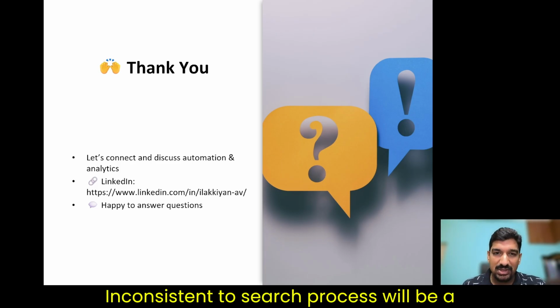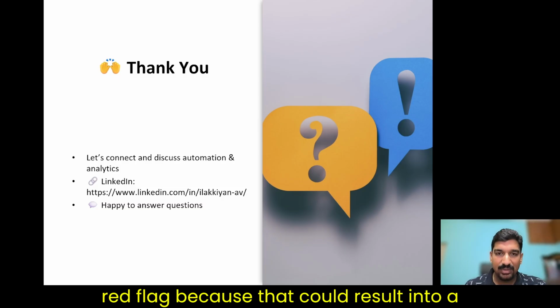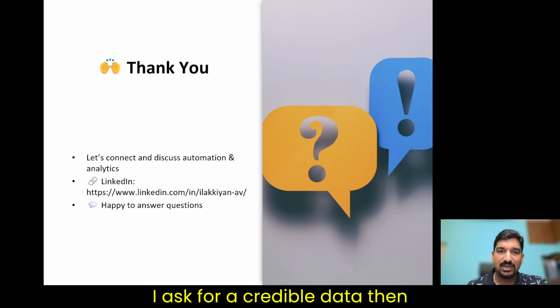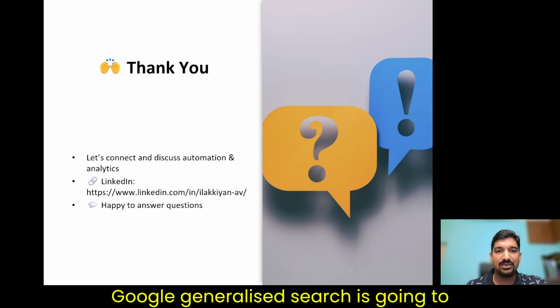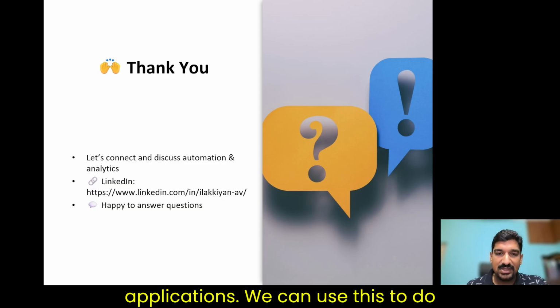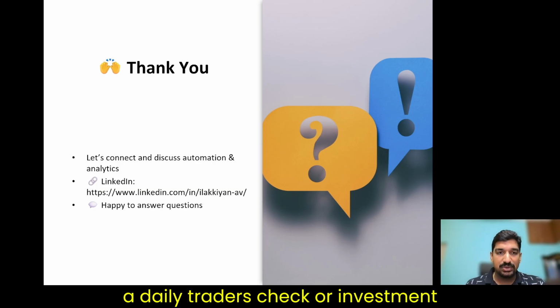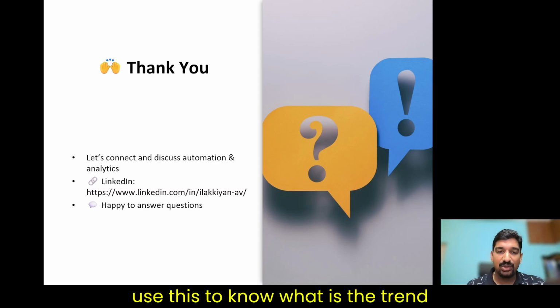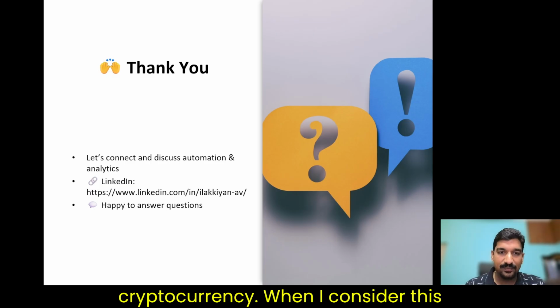An inconsistent research process will be a red flag because that could result in a loss. Technical excellence: if I ask for credible data, then Google Gemini Search is going to scrape live, accurate data. And practical applications: we can use this for a daily traders' check, or investment committees, or even crypto educators can use this to know what trend they can expect from a cryptocurrency.